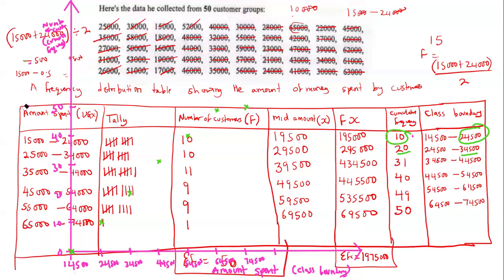Now, when I go back a bit, one step behind, here, remember here we plot upper class boundary. So here, up here, there is an unhidden 0 cumulative frequency. And that one is the one that belongs to 14,500. Because here we plot the uppers.